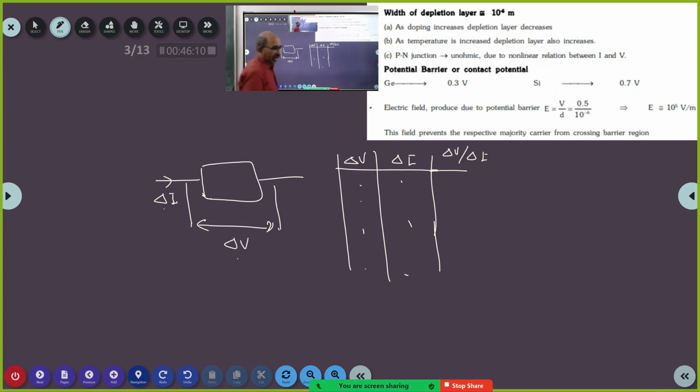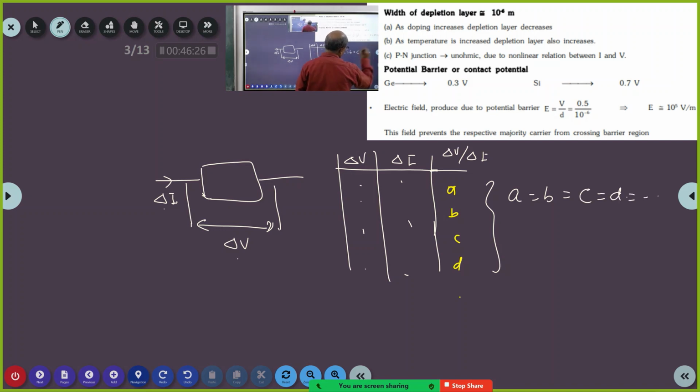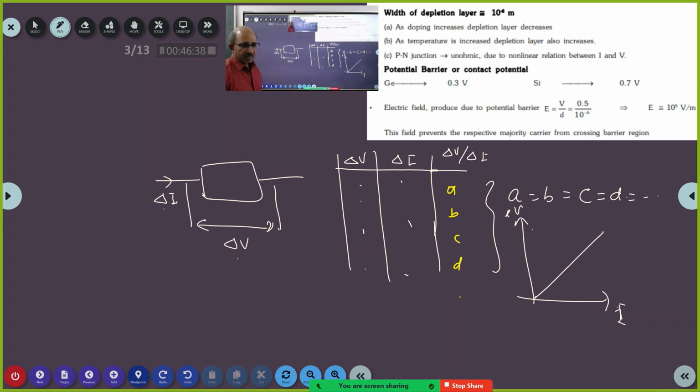Are you with me? If in this column you get values A, B, C, D, and if A is equal to B is equal to C is equal to D and so on, that means you will get a plot of V versus I that is a straight line. Got it?